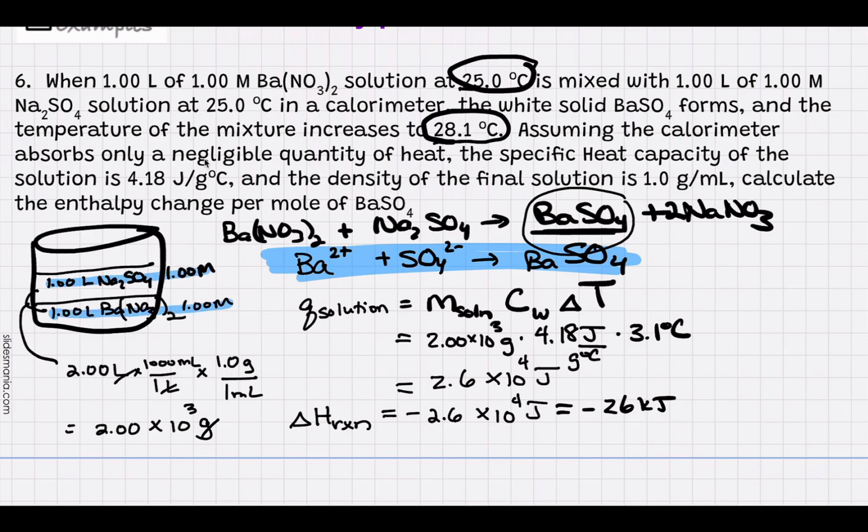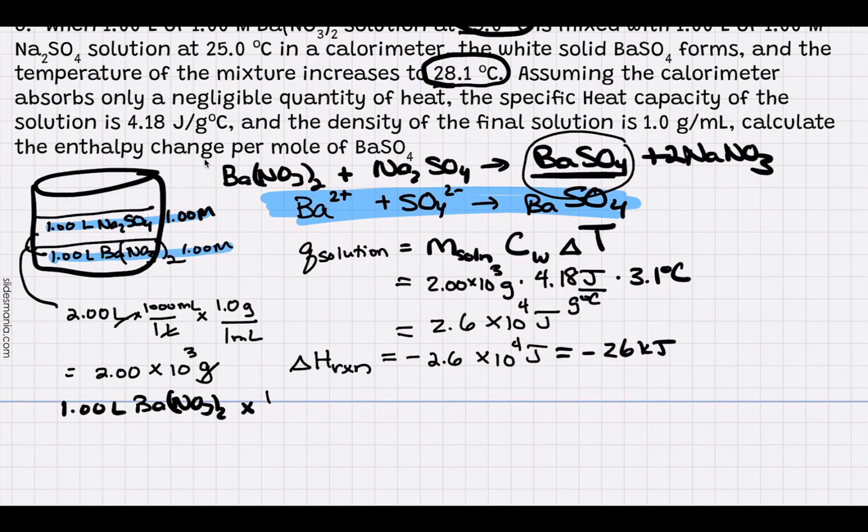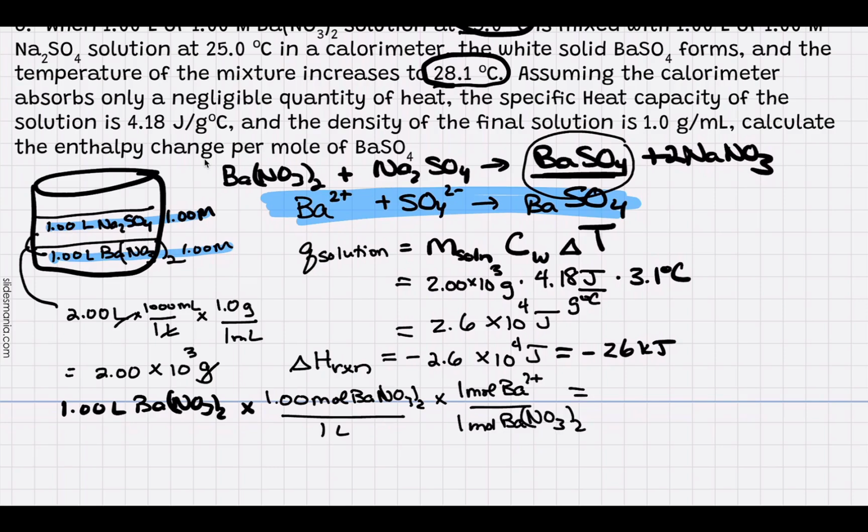for the moles of those. So what I mean by that is I would take my 1 liter of barium nitrate and I would multiply by that molarity. And then I know that I have 1 mole of barium ions for every 1 mole of barium nitrate. So that gives me 1 mole of barium ions.